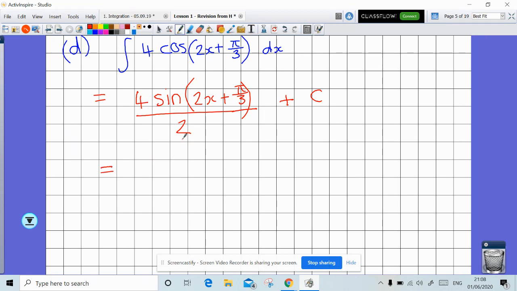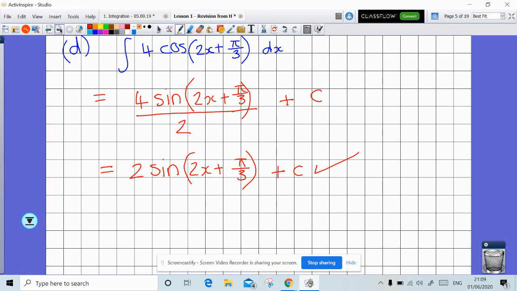Dead obvious that we've got 4 over 2, which could just be simplified to 2. Everything else can stay the same because we can't touch whatever's in this bracket. And that's how you do that one. If I'm going too fast for you, please feel free to pause this video and work at your own pace.